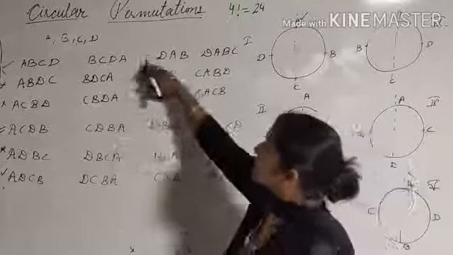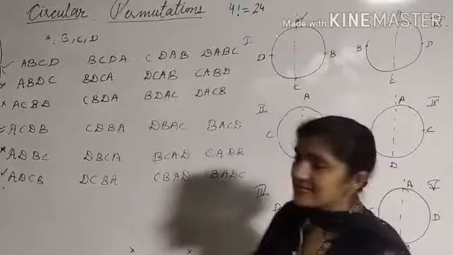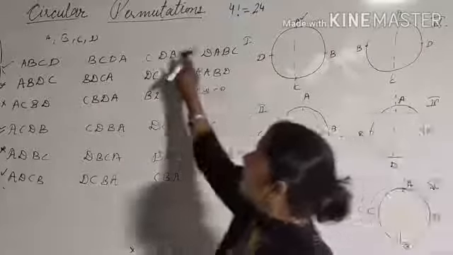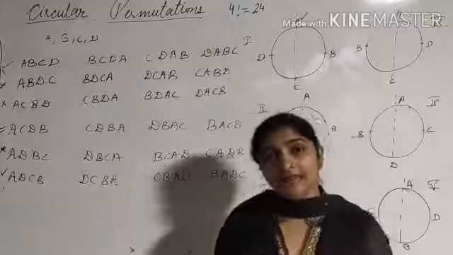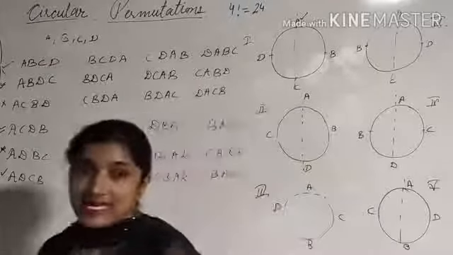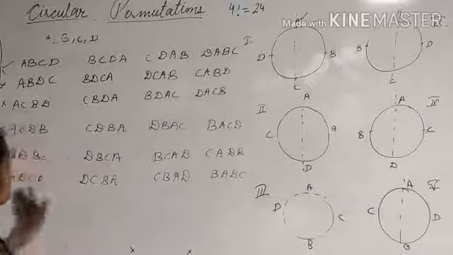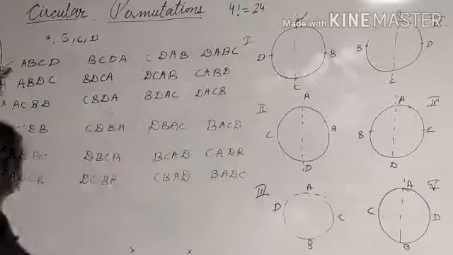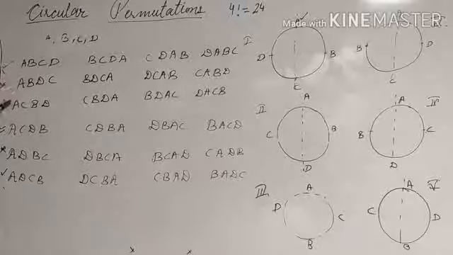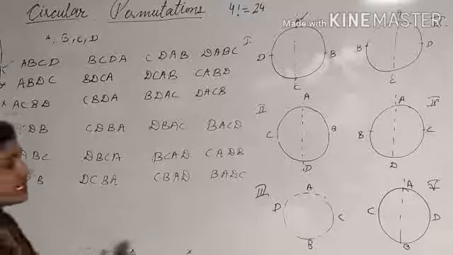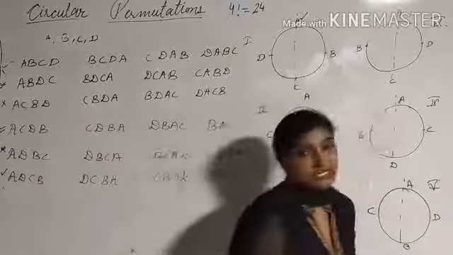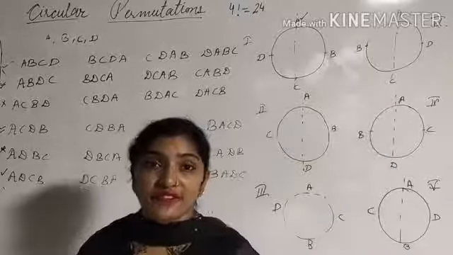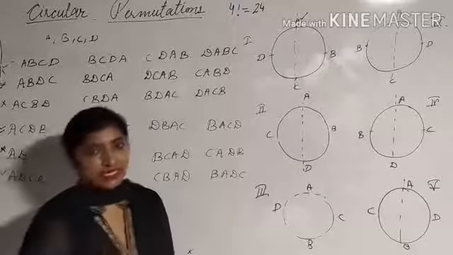And similarly, you can check that in each of the 6 lines, the 4 arrangements are the same and give rise to the same circular arrangement. So out of these 24 arrangements, we have only 6 different arrangements: 1, 2, 3, 4, 5 and 6. These are the 6 different circular arrangements, right?